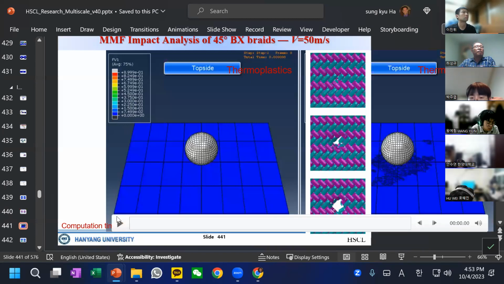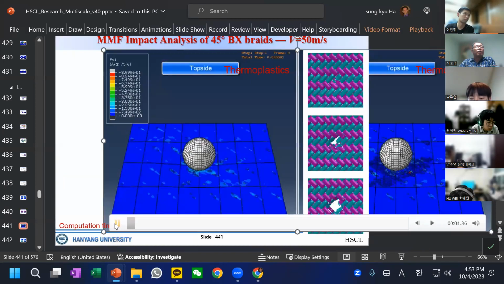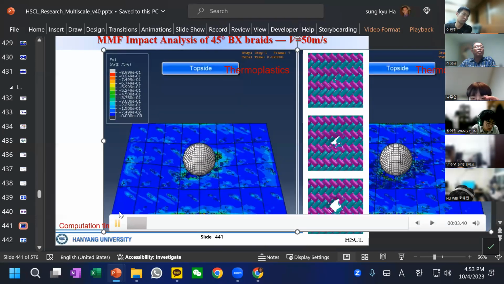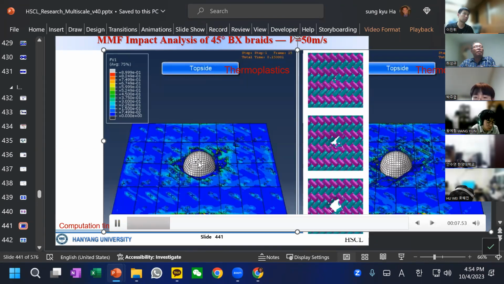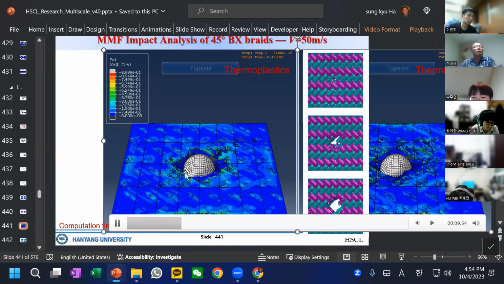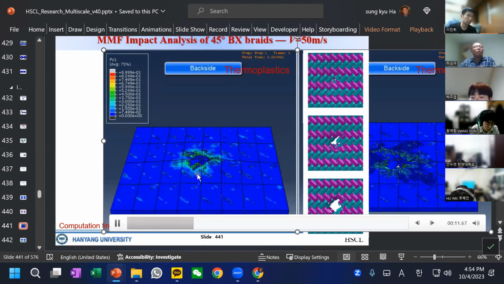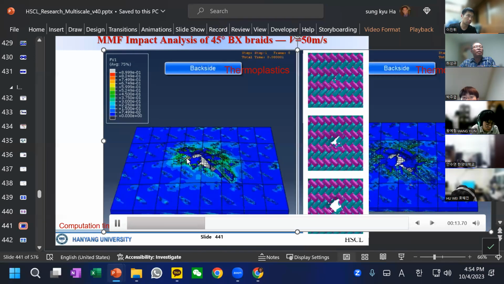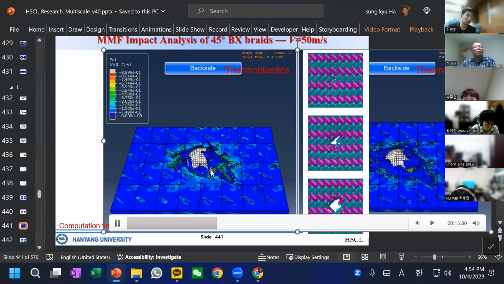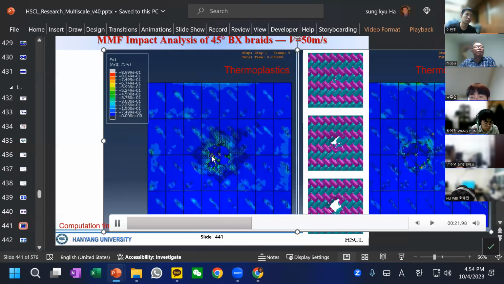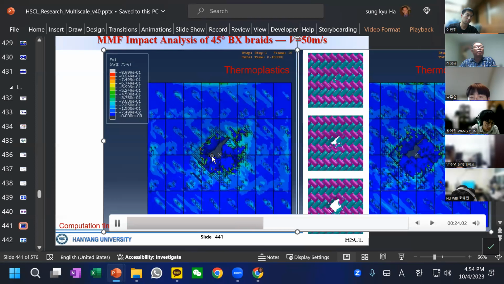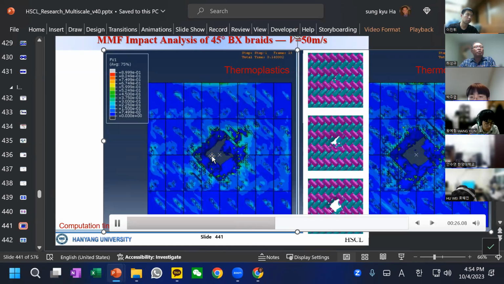And as you can see, you can go through, and this is all braiding, by the way. This is a very high speed impactor, or you can imagine this is a bullet, like the bullet-proof jacket for the soldiers.